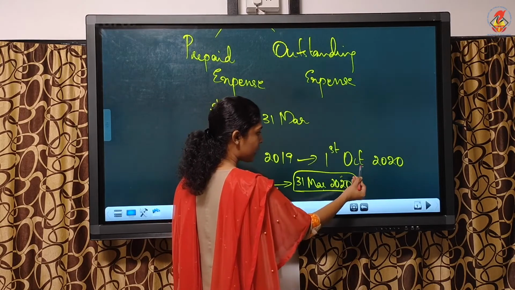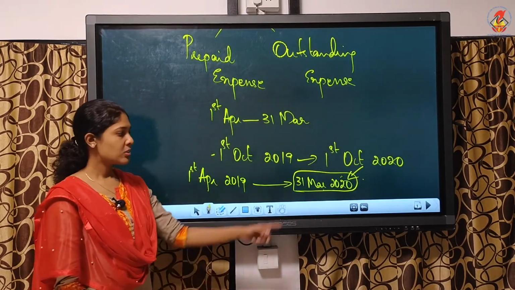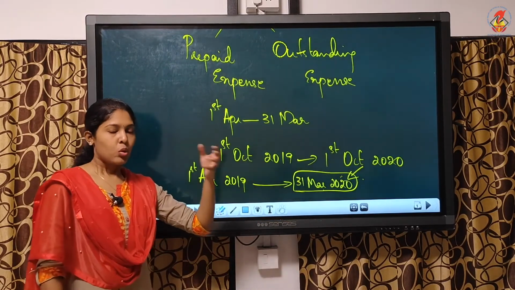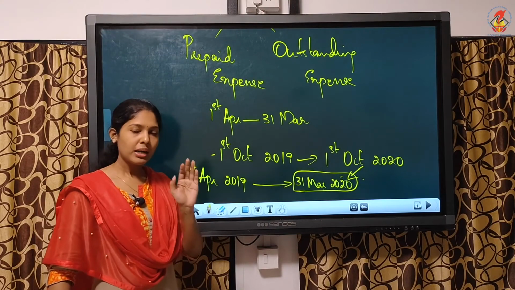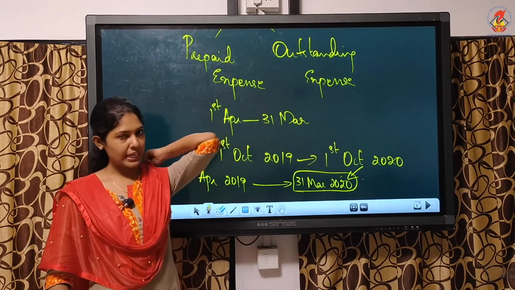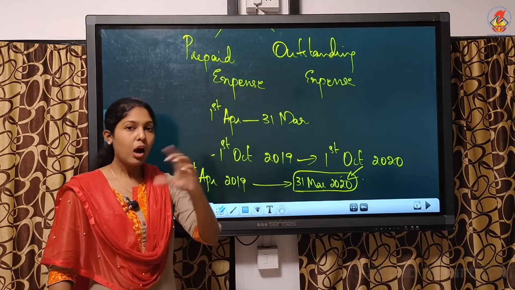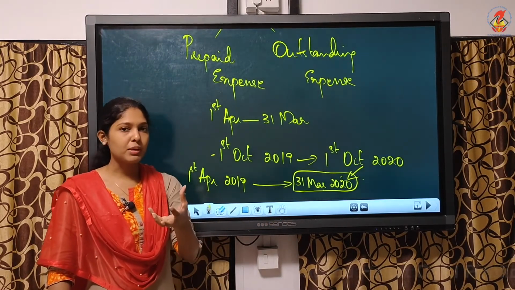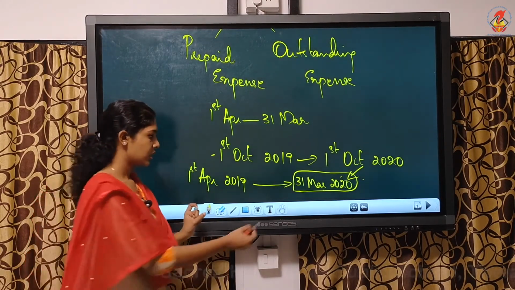This date will come before October 2020, isn't it? So the financial year will end before this October, but the firm has paid the insurance premium till next October. Means how many months of insurance premium would you have paid in advance? How will you compute that?